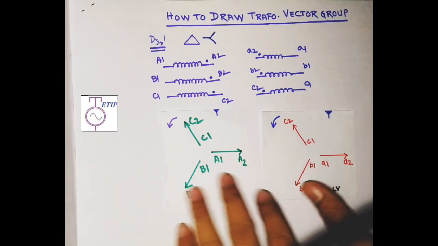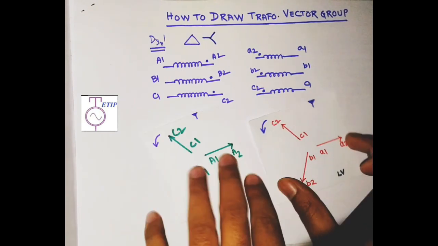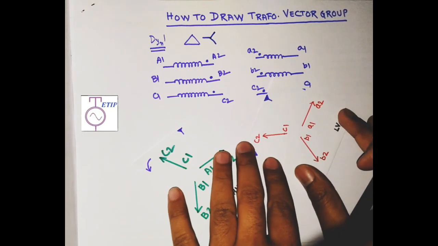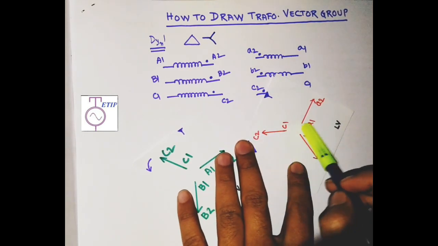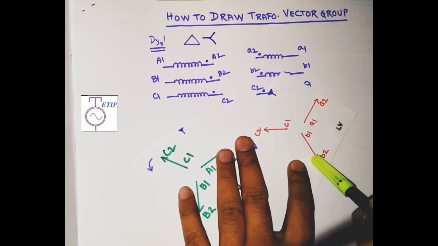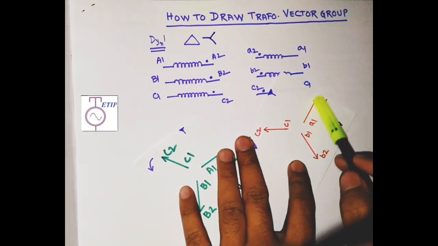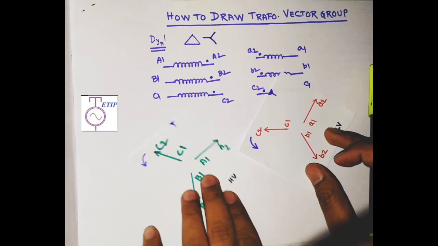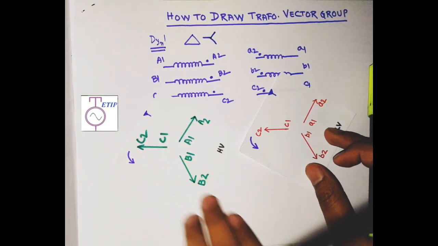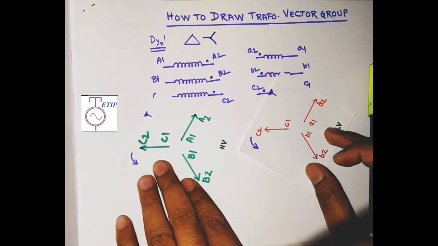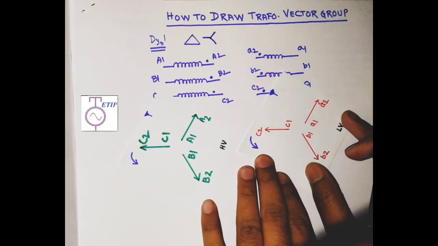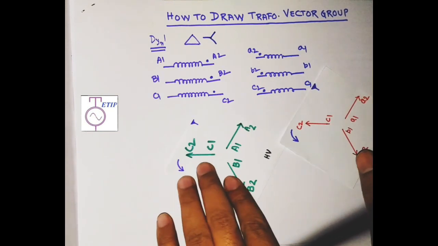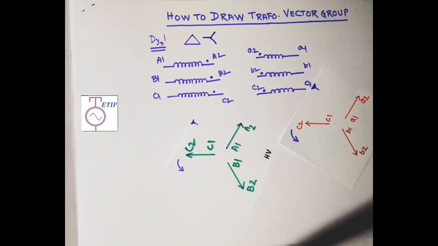So what could be the possibilities? There is one possibility that, see, if you place the star winding like this, okay, this shall be in 1 o'clock position, then you also have to place the delta winding like this, right? If star winding is this, then delta winding will be like this.